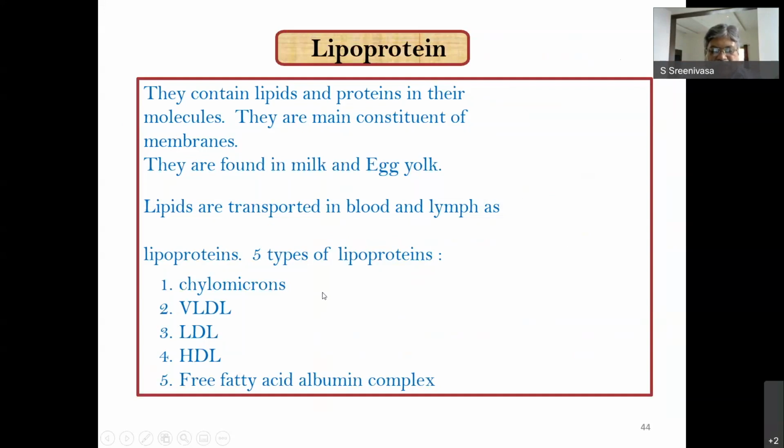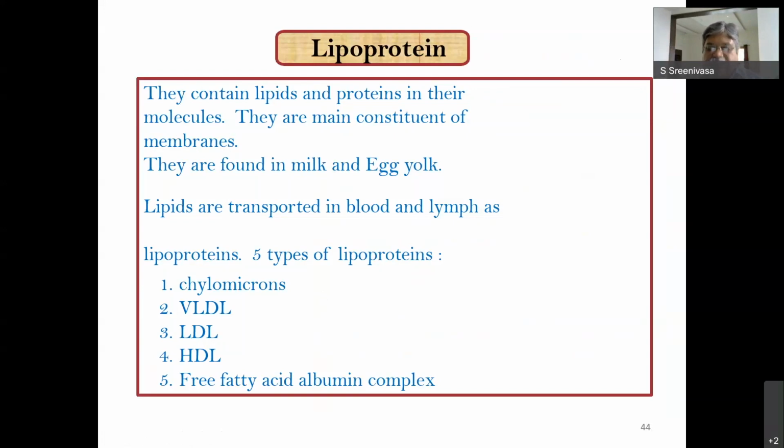These are very important. They help in the transport and delivery of the lipids to the tissues, and they help in the maintenance of structural integrity of the cellular surface.